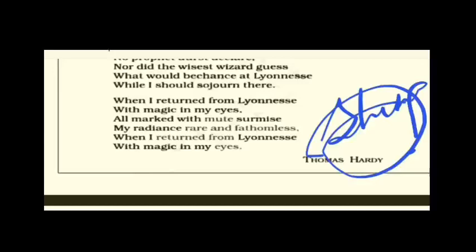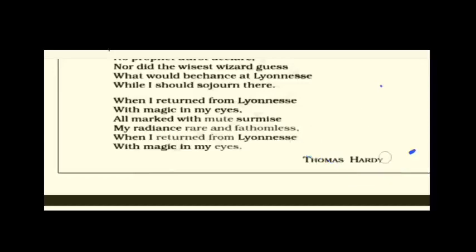It was as if everybody was easily able to understand that there is this change, but no one was able to tell because his radiance, his glow, was fathomless. Fathomless refers to something which is really deep. It was unexplainable by people like wizards, priests, and all. They were not able to tell.